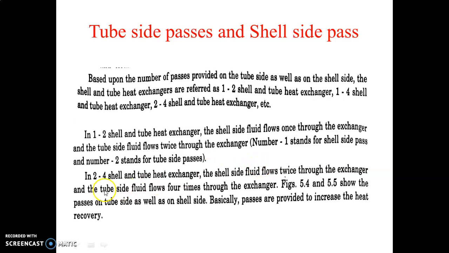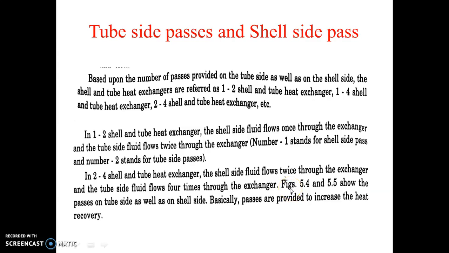Suppose for example we have a 2-4 shell and tube heat exchanger. In this case the shell side fluid flows twice through the heat exchanger, because here it is 2, and the tube side fluid flows 4 times. So this number 4 stands for tube side flow in the heat exchanger.